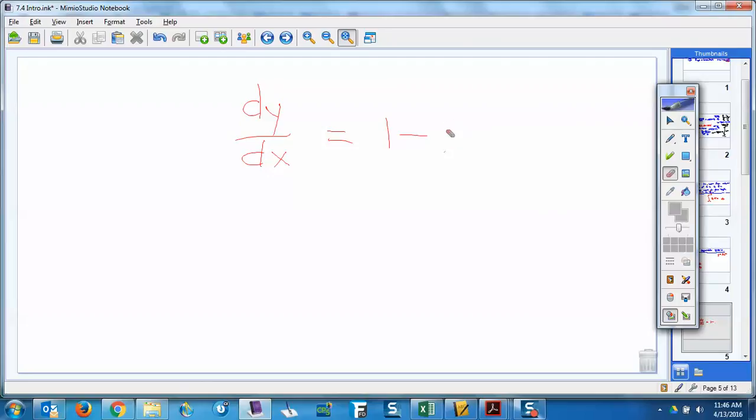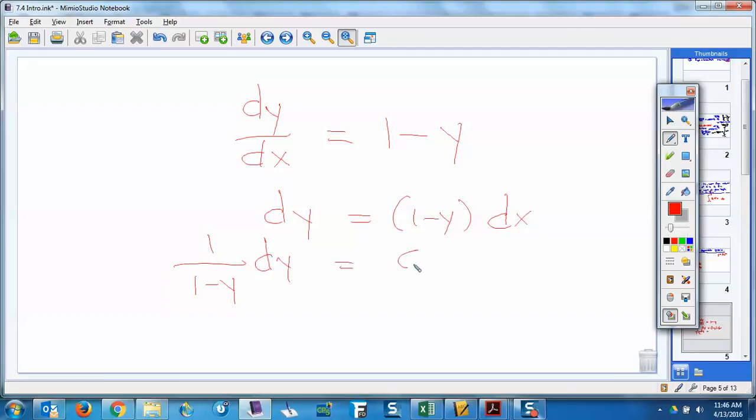Or if this was 1 minus y, I'd be okay, because I could multiply the dx over here and do what with the 1 minus y? I could still divide it over, and I'd have this. So I could treat the 1 minus y as one thing, and I could still divide it over as a single quantity, and that would be fine.